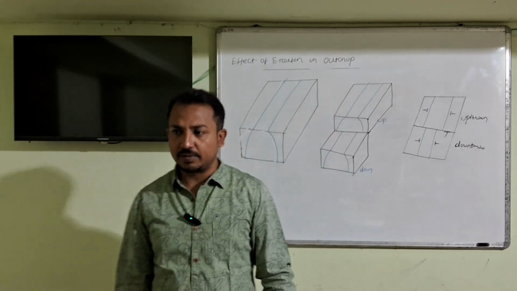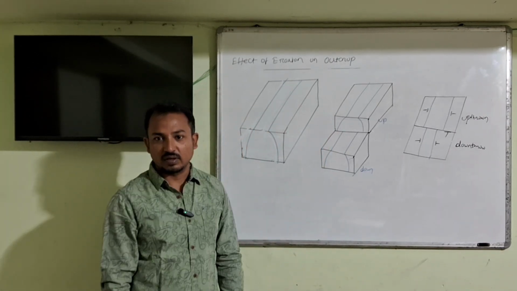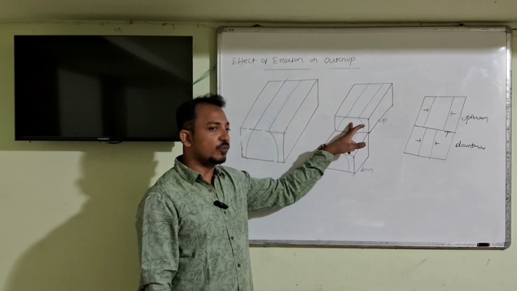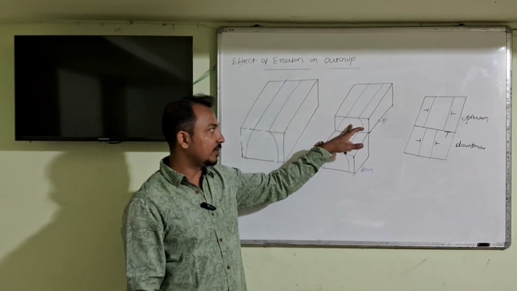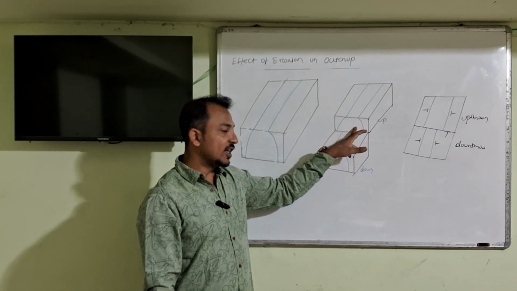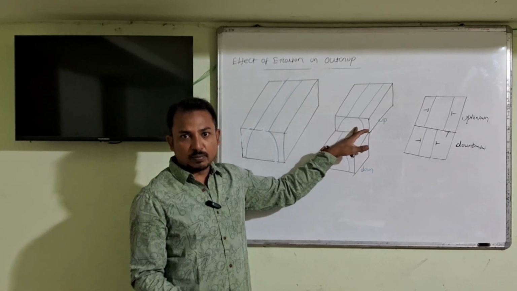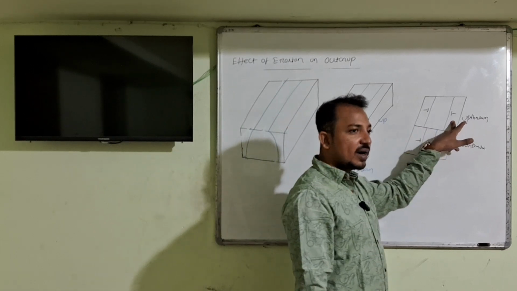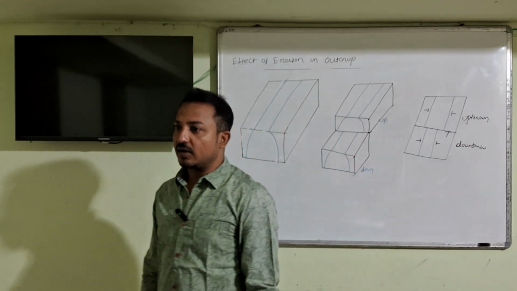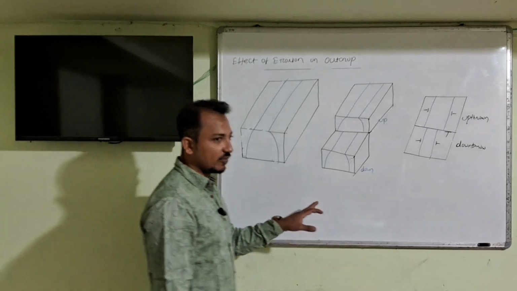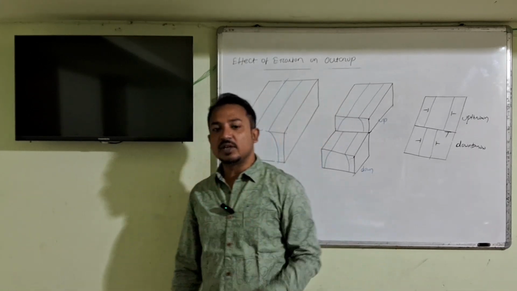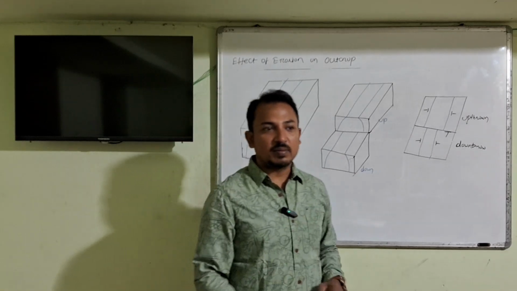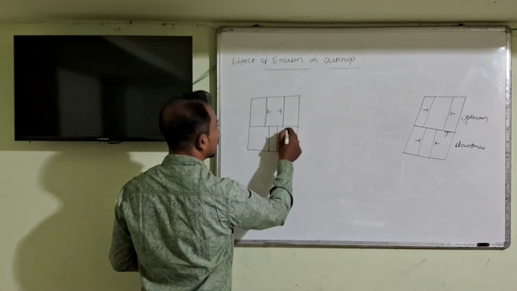In an antiform, the upthrown block undergoes erosion, which exposes the deeper part of the fold, and the spacing of the outcrop will increase. So the broader outcrop part is the upthrown block and the narrower part is the downthrown block in the case of an antiform, which is opposite in the case of a synform. The narrower part will be the upthrown block and the broader part will be the downthrown block.